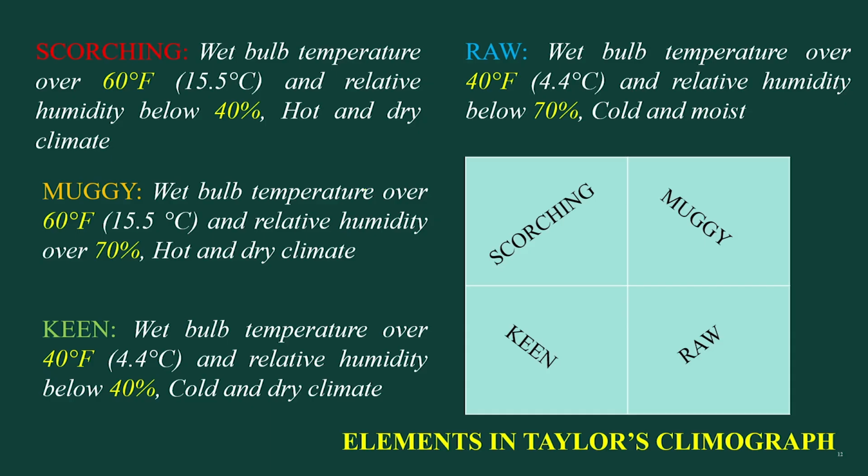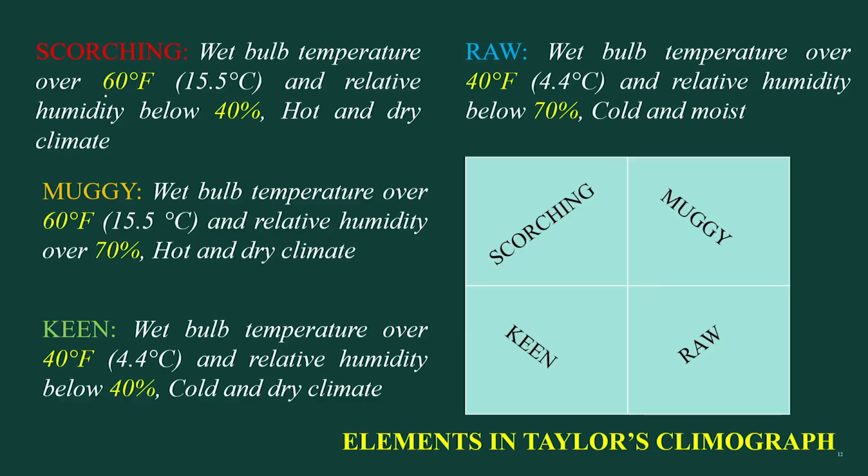Scorching, according to Taylor, are the regions which experience wet bulb temperature over 60 degree Fahrenheit, that is 15.5 degree Celsius, and where the relative humidity is below 40%, and those regions are known as hot and dry climate.